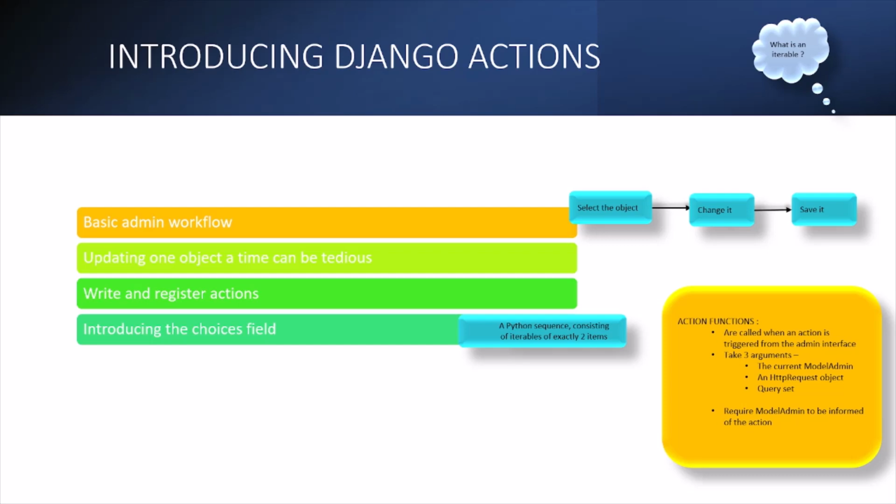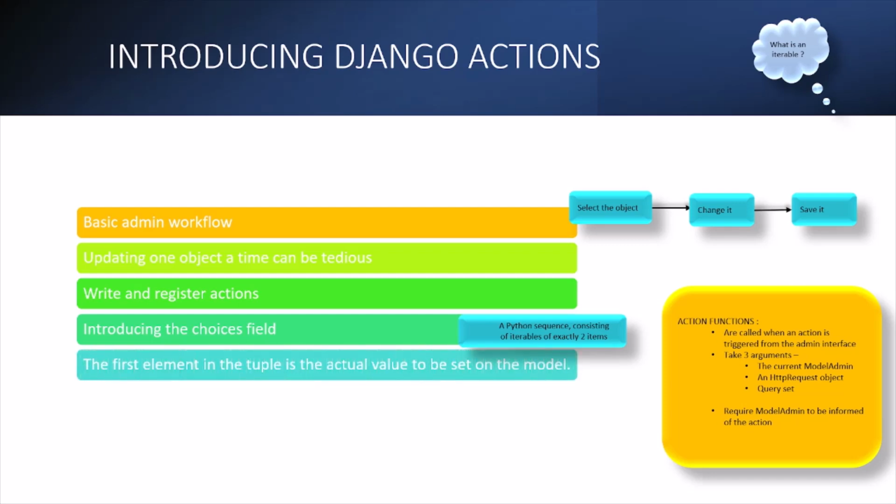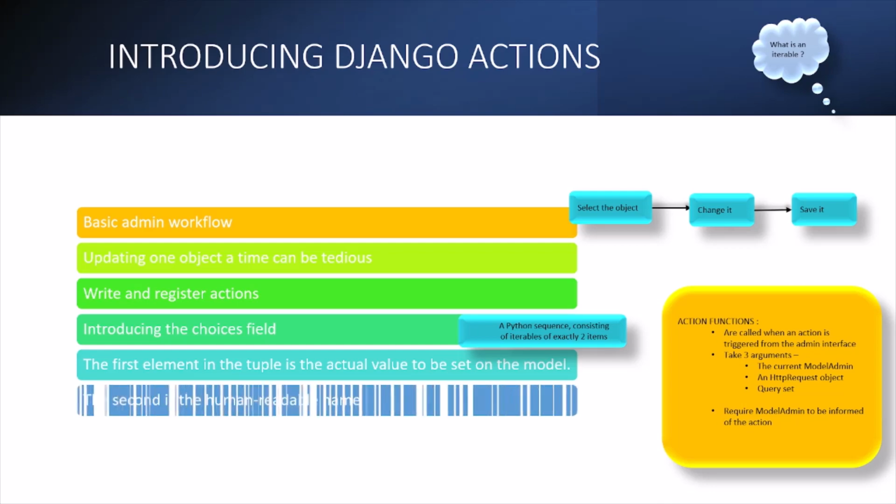Any object that can return one item at a time. Now this particular choices field that we're going to use has 2 elements. The first element in the tuple is the actual value to be set on the model, and the second is the human readable name. So let's now go ahead and add that field to our student model.